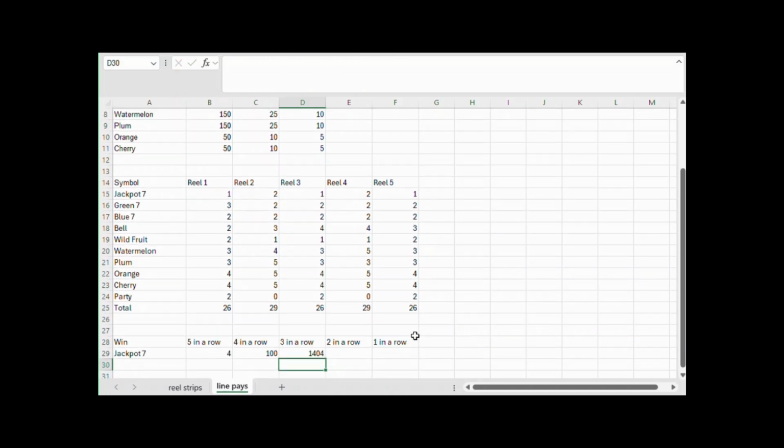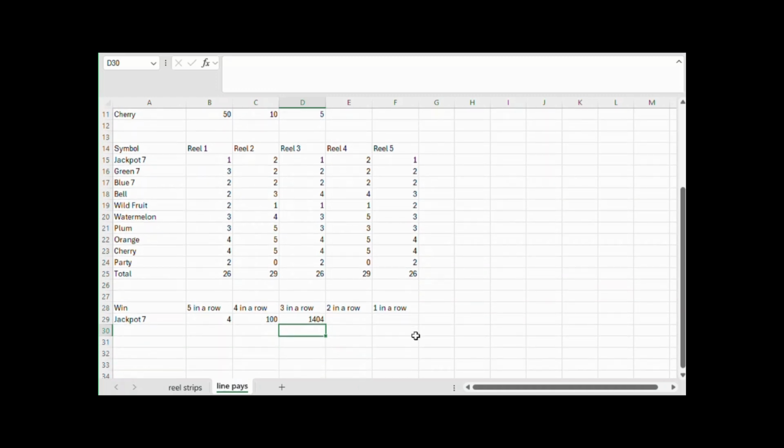So there are 1,404 ways the player can get 3 Jackpot 7 symbols. And in case I didn't say before, all wins in this game are left aligned only.